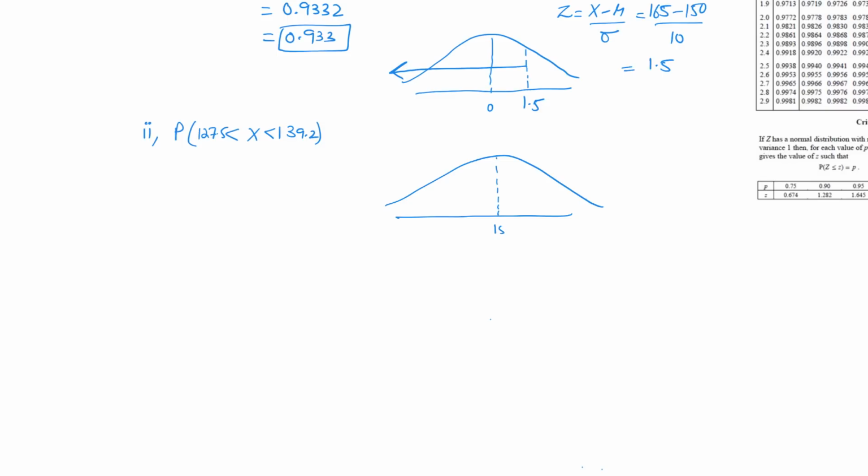The mean is 150. We have a value of 127.5, which will be towards the left, and then we have another value which is 139.5. Okay, now I need to find this region. Now both values are towards the left, so their corresponding z values would be negative. So let's find what the corresponding z values are.